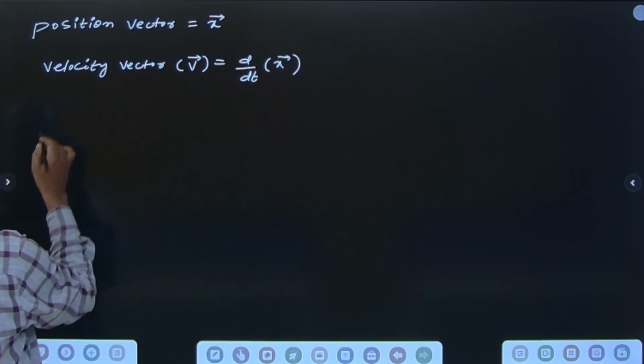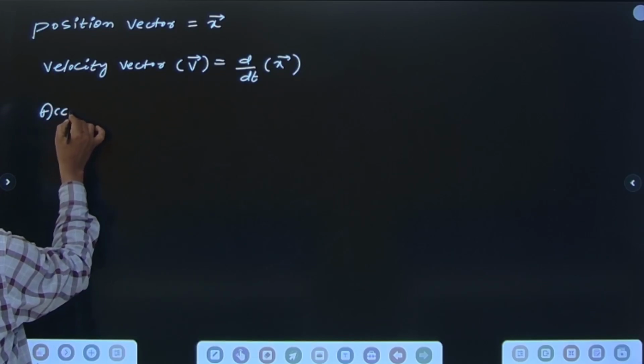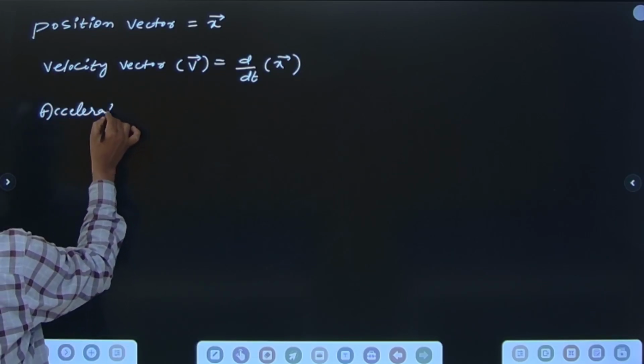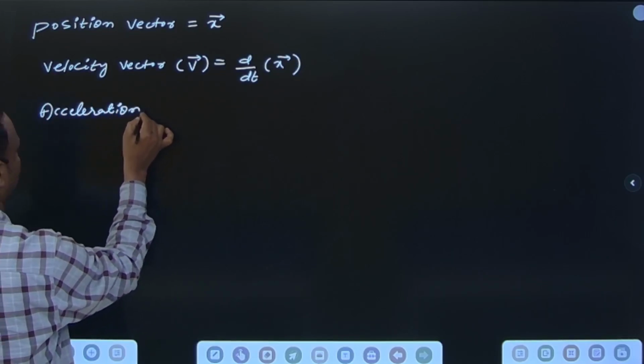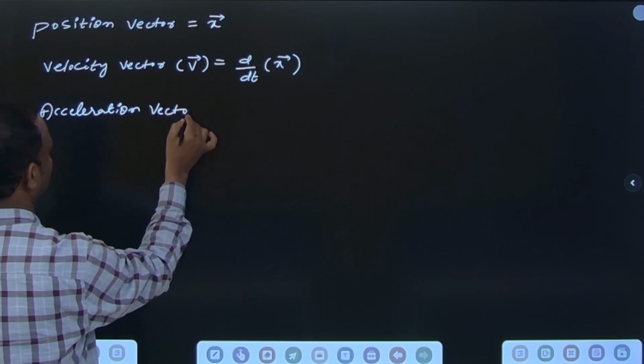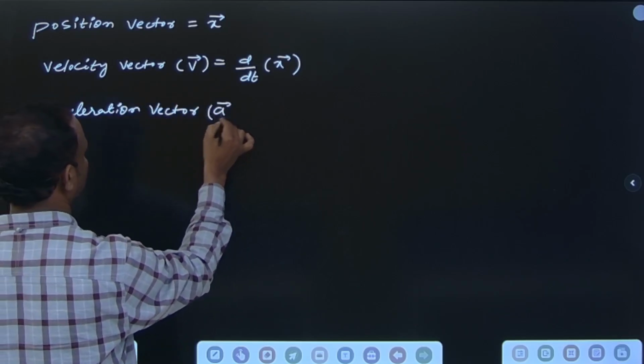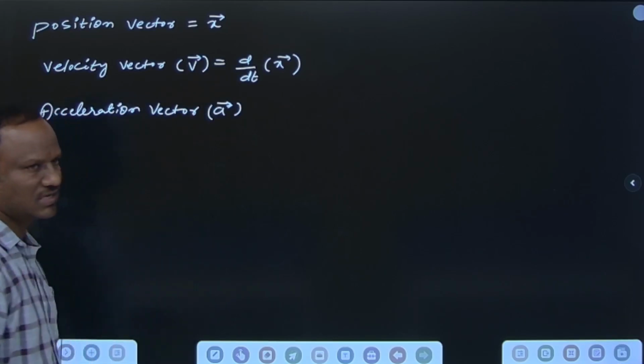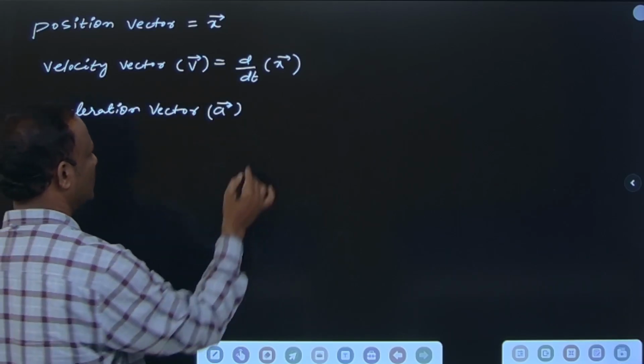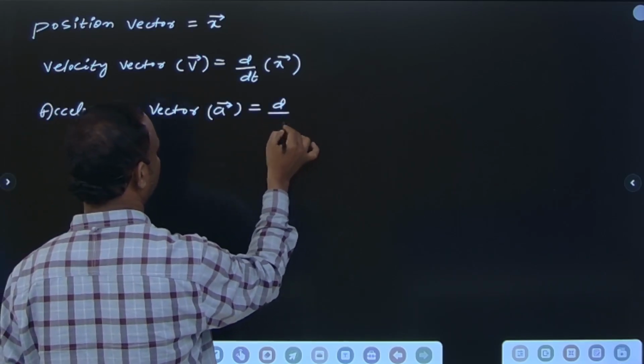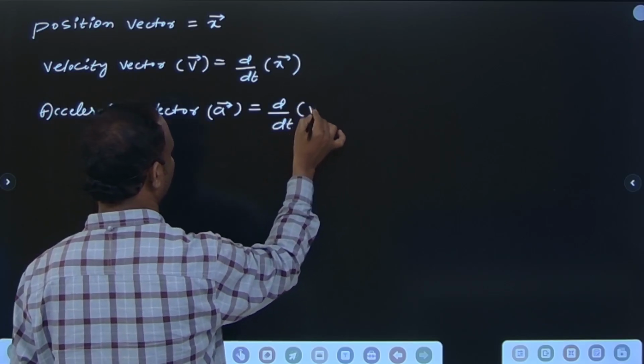And next, the acceleration vector a bar, the instantaneous acceleration, is equal to d by dt of v bar.